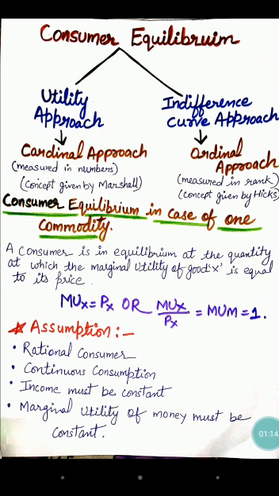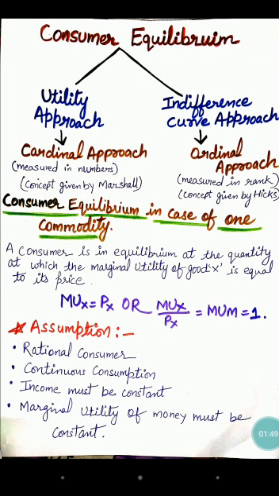Consumer equilibrium refers to the situation in which a consumer gets maximum satisfaction from the use of given level of income. Or we can say, a consumer is said to be in equilibrium where he maximizes his satisfaction and does not want to change his behavior. There is no tendency to change in the purchasing.